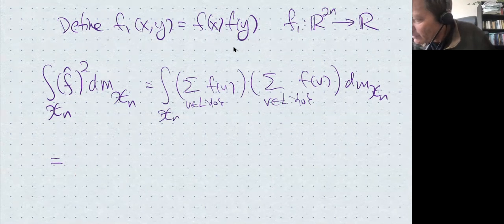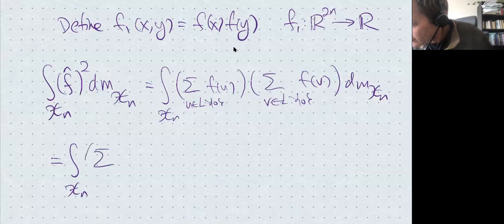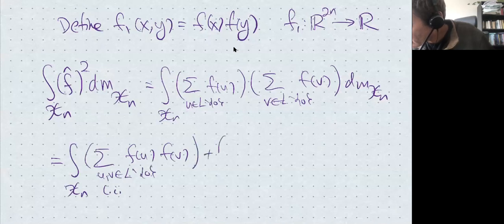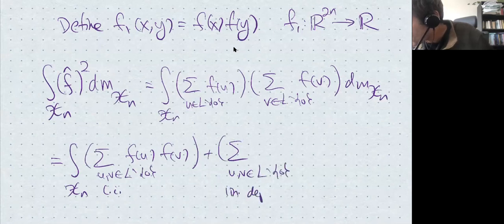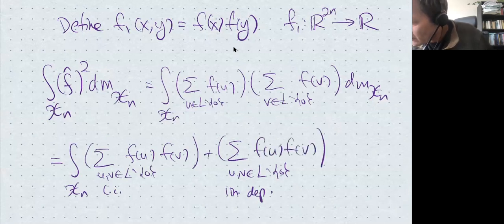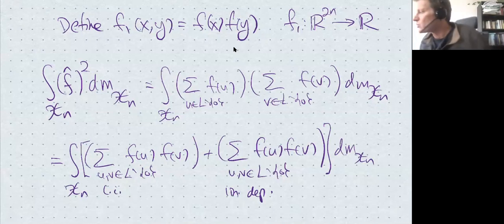So here's what we get. Let's write it out. I'm separating the sum into two pieces.